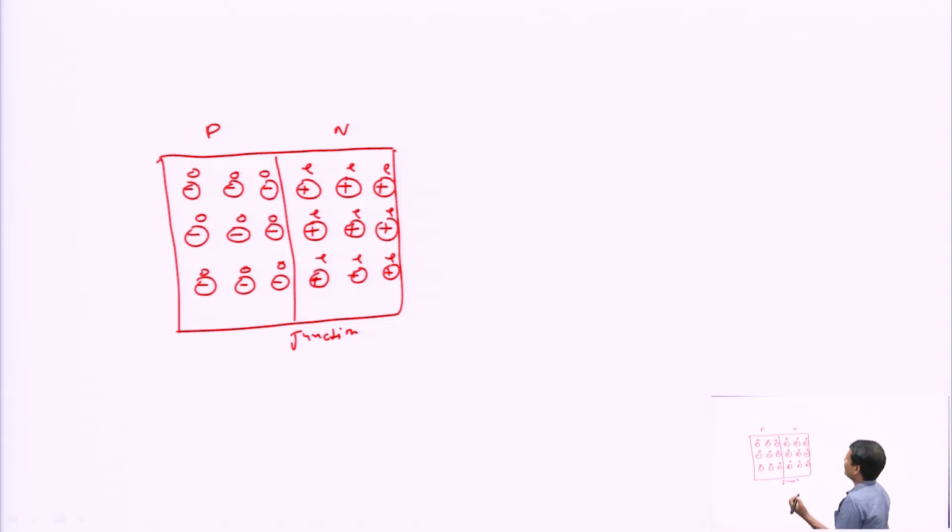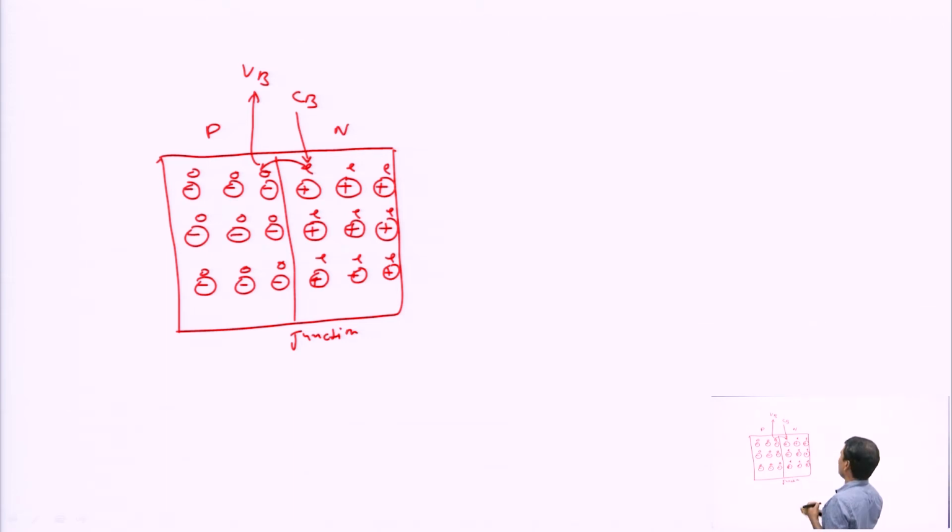It is simple, that the electron will cross the junction and occupy the hole, but it is not so simple. Why? Because electrons are in the conduction band and holes are in the valence band.